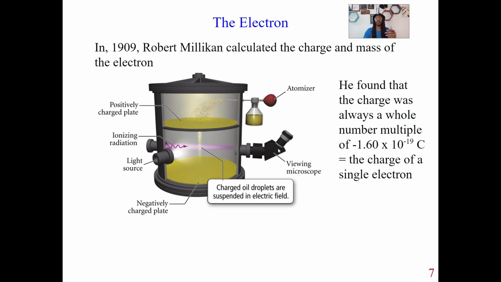He found that the charge was always a whole number multiple of negative 1.6 times 10 to the negative 19 coulombs, which is the charge of a single electron. He was also able to find the mass of the electron, thanks to Thompson's charge to mass ratio. So once again, that's just a quick history lesson of the electron.